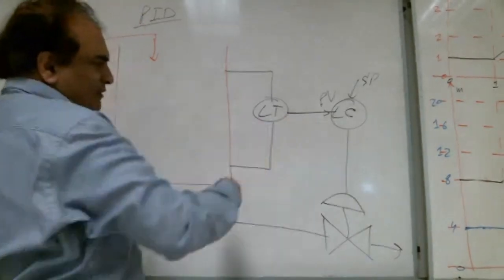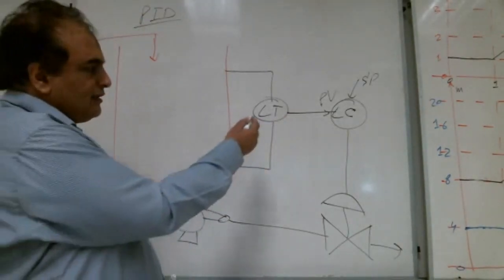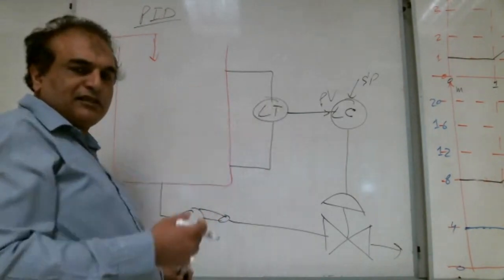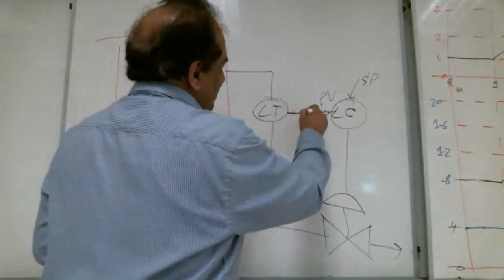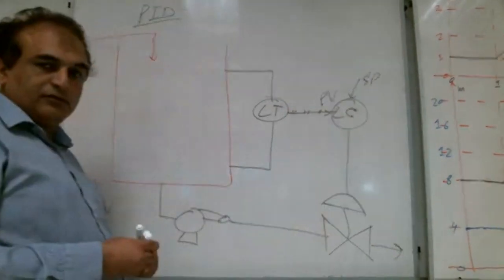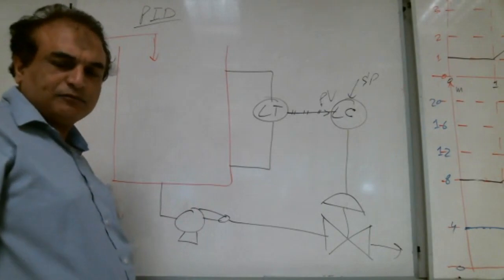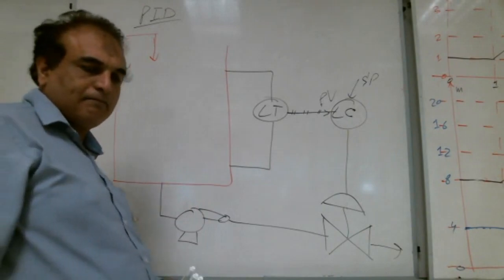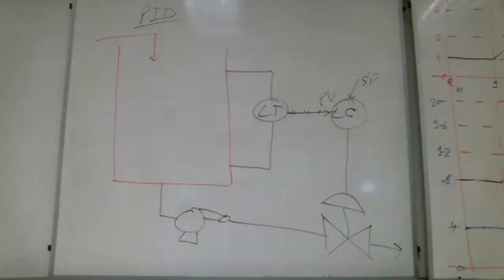Not electrical. This is not even an electrical signal, this is just some line. So we make it pneumatic. Is it a pneumatic signal, Shabab? Yes, pneumatic teacher, but controller electric.